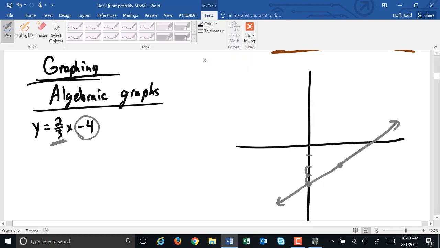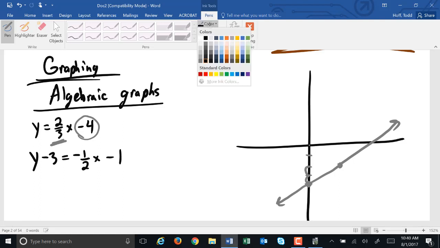It's not always quite that simple. We have y minus 3 equals negative 1/2 x minus 1. What do we have to do before we can graph it?